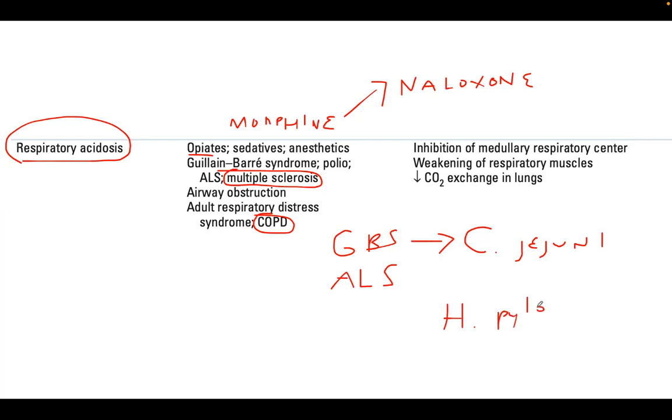Does anyone know the old name of H. pylori? It was actually called Campylobacter urase because it's urase producing. Okay, so please take note of that. So Campylobacter jejuni is usually the antecedent infection.